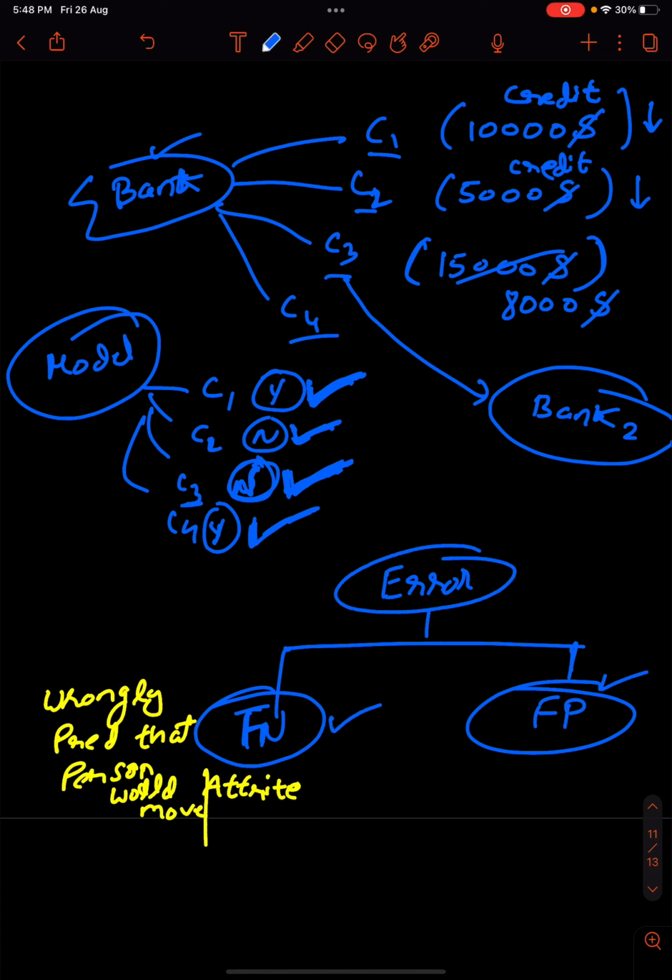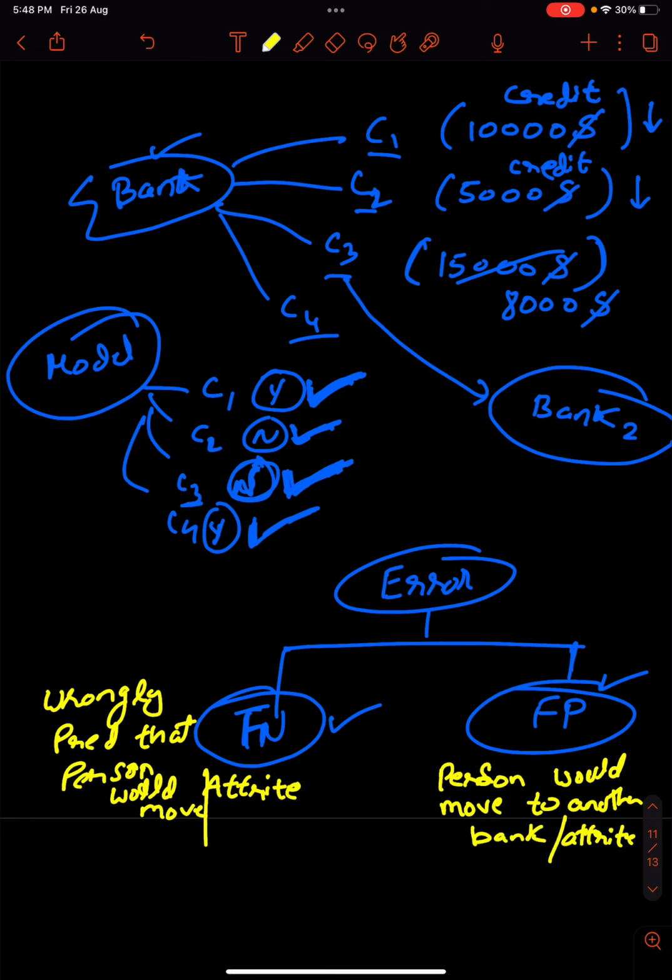False negative, false positive. So false negative is this, and the false positive would be wrongly predicting that the person would move to another bank, or there could be an attrition from this person, right?